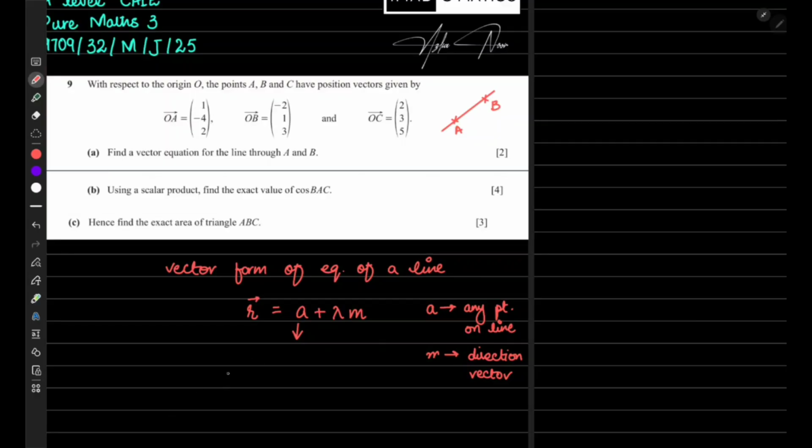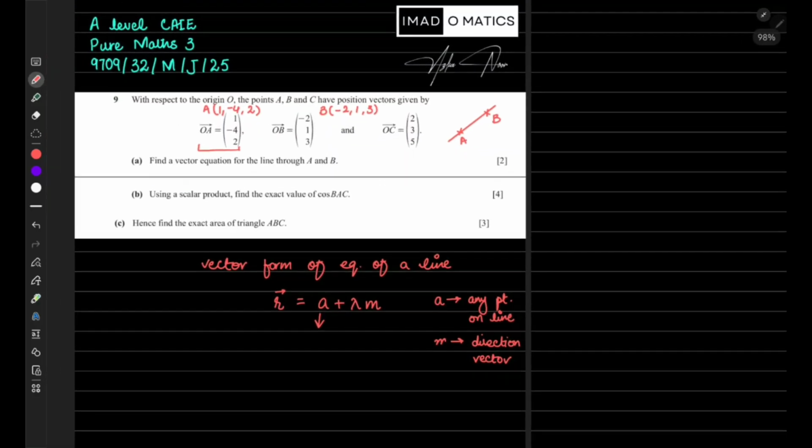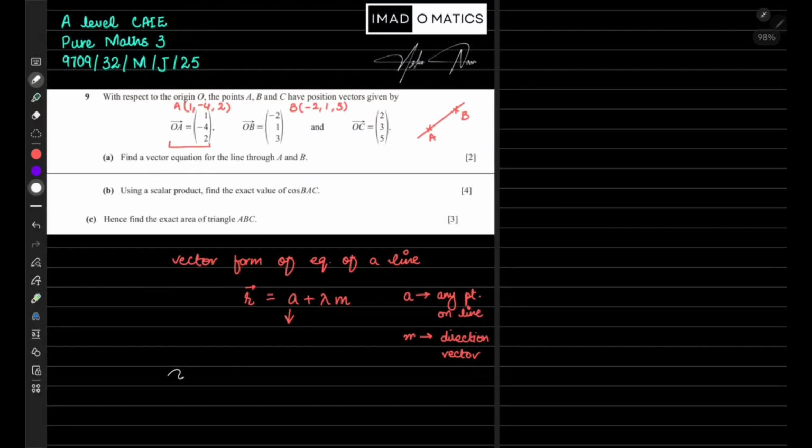So we can use either, actually the position vector is also representing the coordinates of point A. So 1, -4 and 2 are actually the coordinates of point A, that is represented as a column vector also, and point B has coordinates -2, 1 and 3. Okay, so now you can either use point A or point B because both lie on the line AB. So let's write it down.